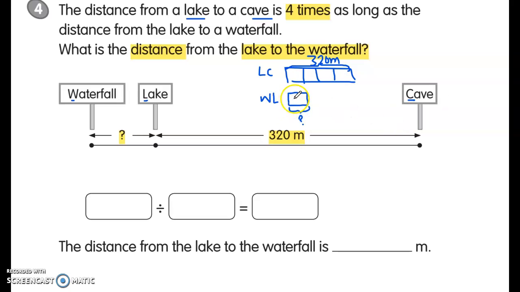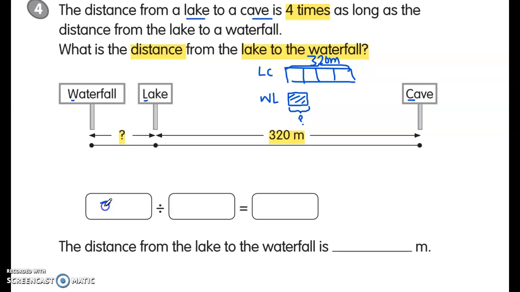So how do we find each? Remember, we need to find 1 box. If 4 units, 4 boxes is 320, how do you find each? Total, 4 groups, each. So what do we do? We divide, right?